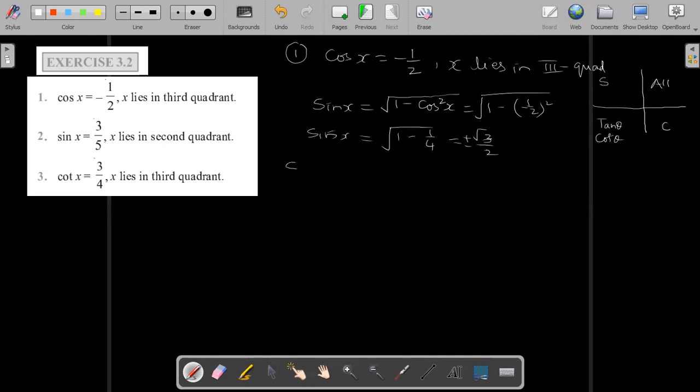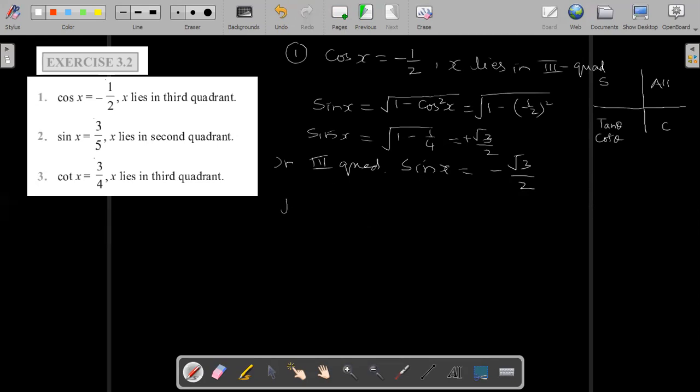So in third quadrant, sine is negative. Therefore sin x will be equal to minus root 3 by 2. You have to check the sign of sin x according to the quadrant at last after finding the value.